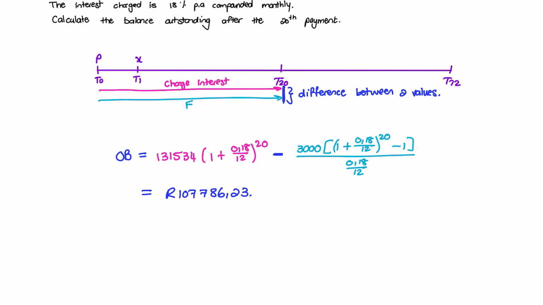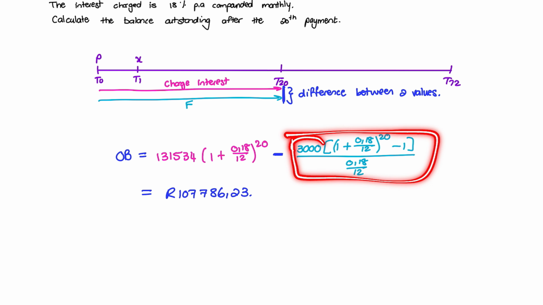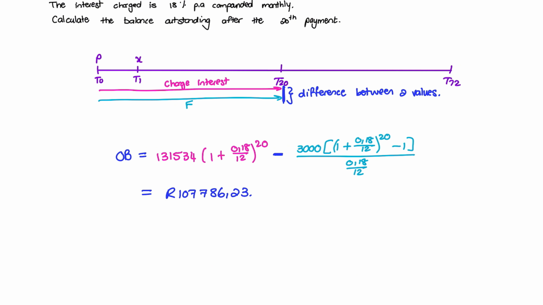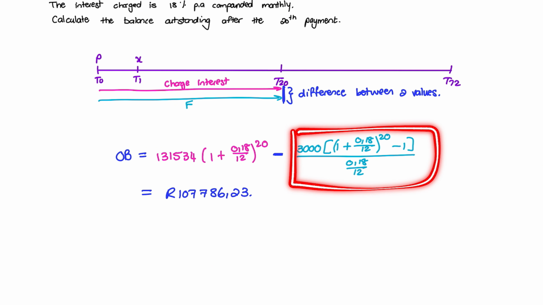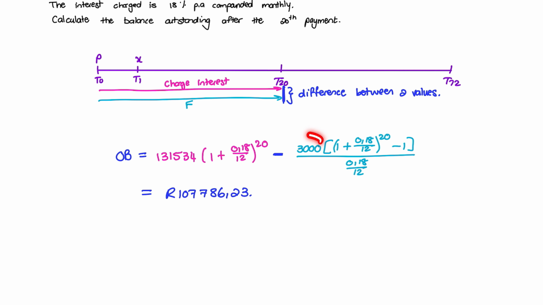But remember, part of that payment, that's why we use the future value annuity, is capital on the loan and interest charged. So this part here, what we're subtracting, is the future value annuity that you can find on your formula sheet. Notice that X is the payments, the interest rate is the same, the amount of periods is also the same, and that difference would be the balance outstanding.